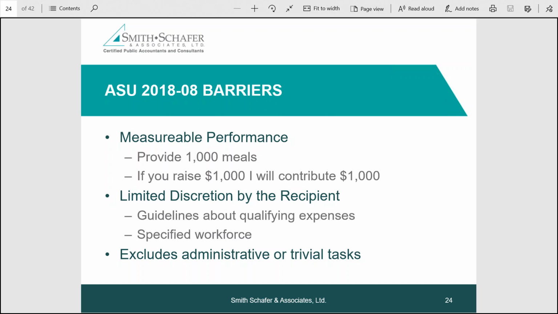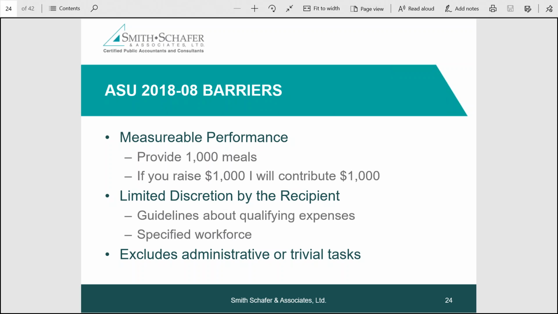And now all of a sudden that gift or that grant is not restricted, it has a condition on it, and you have to meet the condition first before you ever have to worry about whether you meet the restriction. So again, limiting your use of how you can use the funds is now a condition.